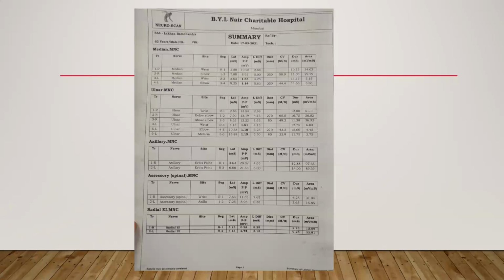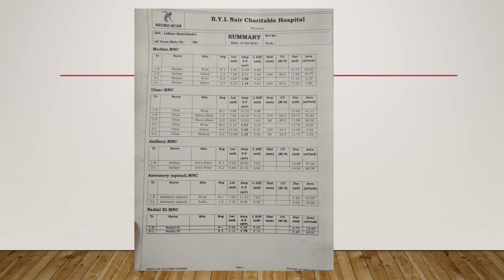And then, ma'am, in the axillary motor conduction study at Erb's point, the amplitudes are normal, and in the spinal accessory also it is normal. And then in the radial, again the amplitude on the left side is decreased, that is 1.7.